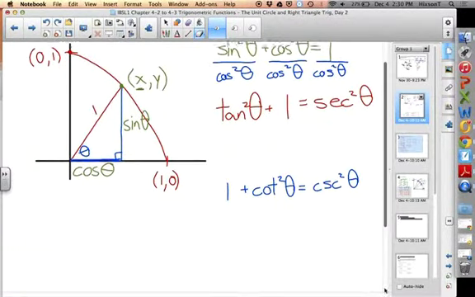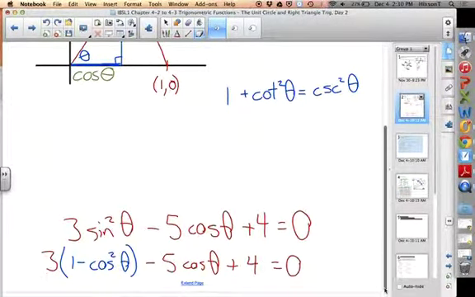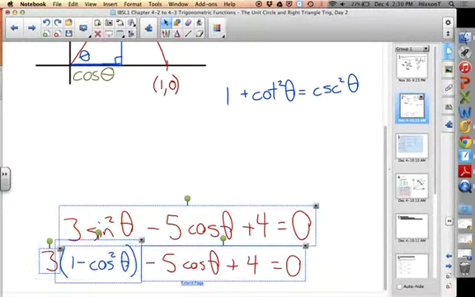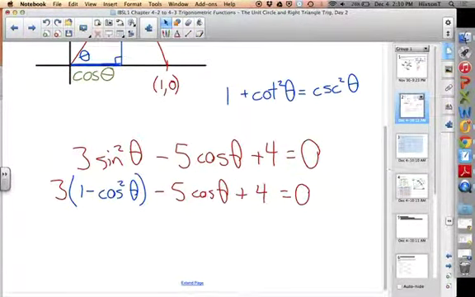This is also helpful in solving equations like this. Let me move it up a little bit. Here we have an equation: 3 sine squared theta minus 5 cosine theta plus 4 equals 0. And really, without any identities, we would be stuck.